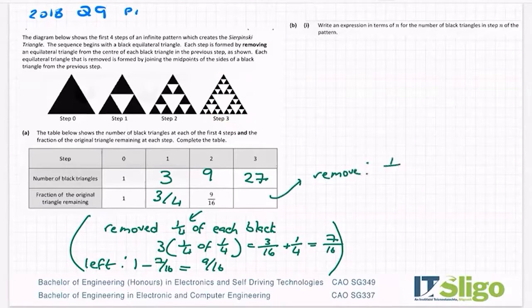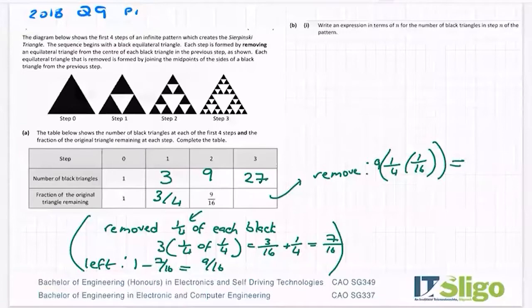Well, I removed again a quarter, but it was out of each 16th. And I did that 9 times because there were 9 black triangles in the original one. Put that into the calculator, 9 by a quarter by a 16th, and I got 9/64 for that just there.